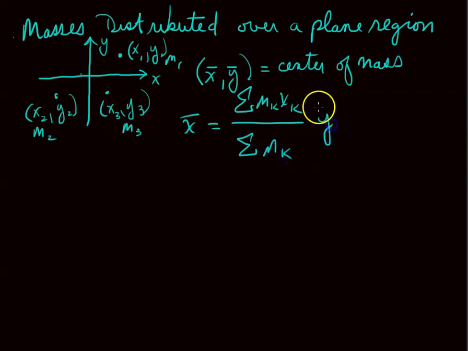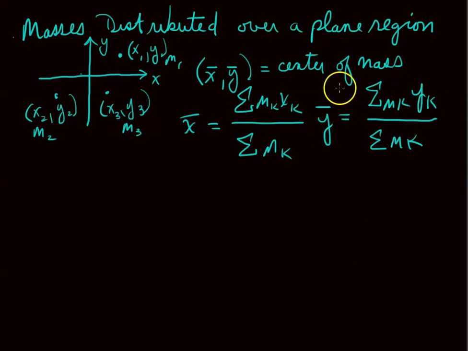And y bar will be done similarly, but now we're taking the vertical component. That's the summation of m sub k y sub k over the summation of the masses again, m sub k. So that denominator doesn't change. The only thing that really changes is the x and y coordinate.